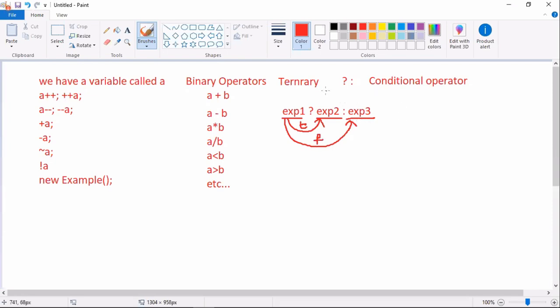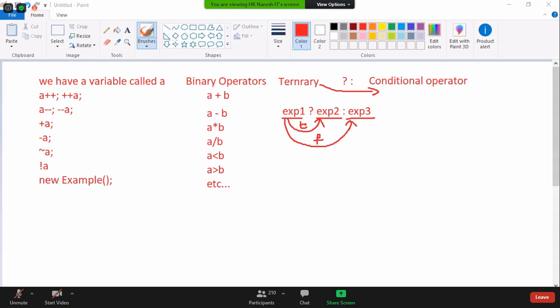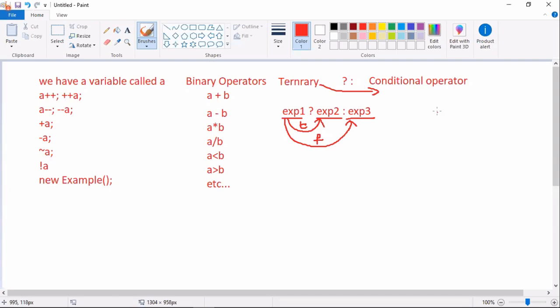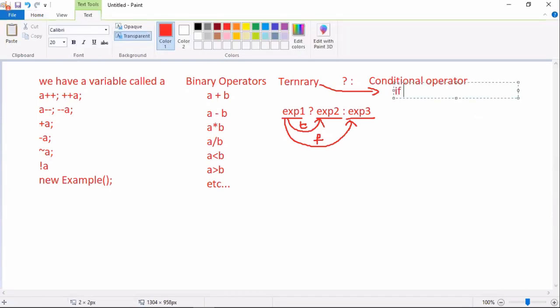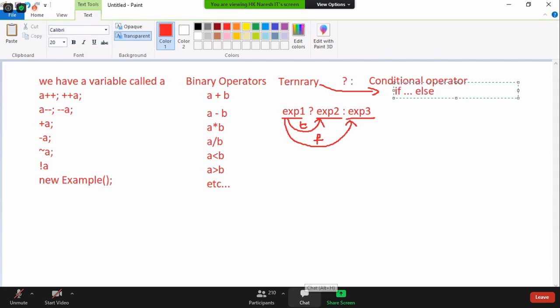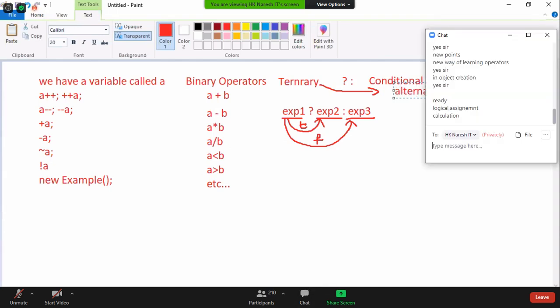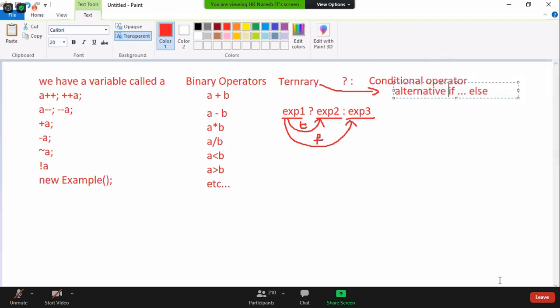Can I say the ternary operator is an alternative way of writing if else? An alternative of if else, right?